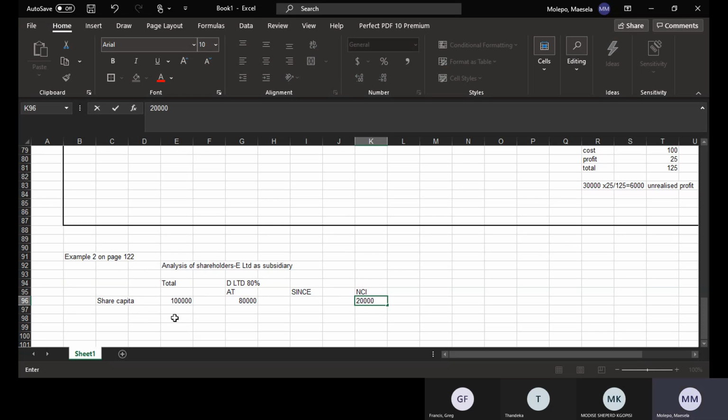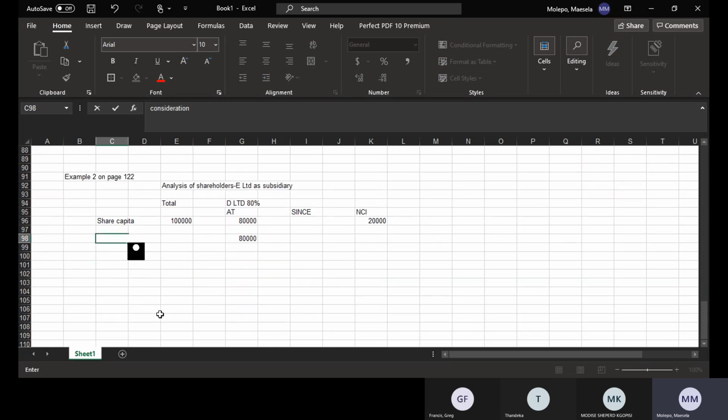And then we have our totals for the consideration given, which will be 80. Consideration. And then we have since acquisition.